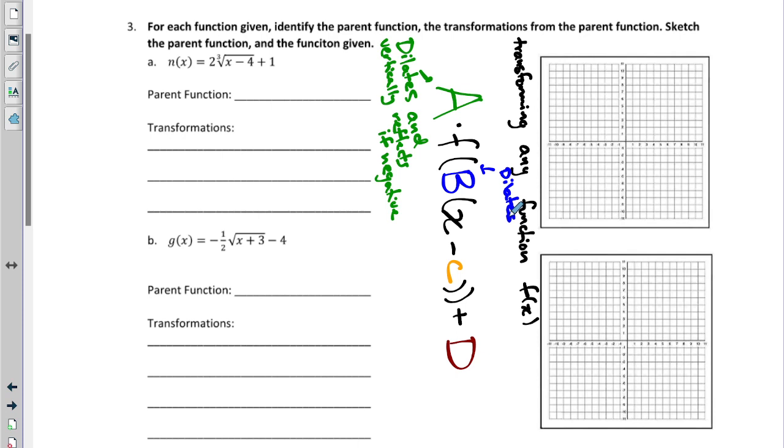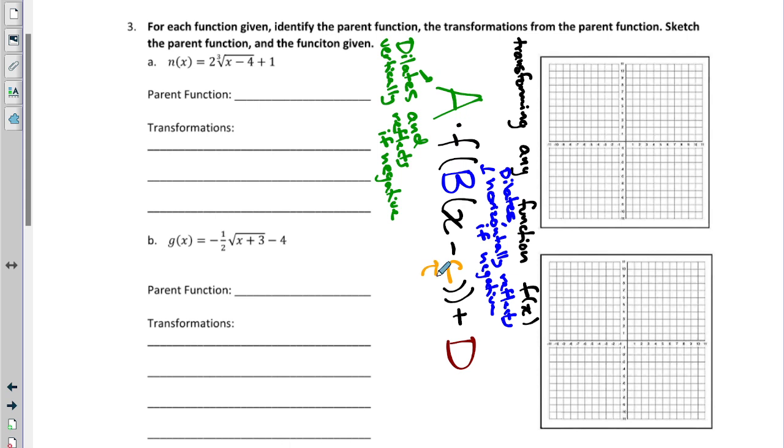The important thing you really need to know, at least for the scope of this class right now, and you'll get more into it in pre-calc, is that B kind of does the same thing as A, except it horizontally reflects if it's negative. So it dilates things still, makes things grow faster or smaller, and then if it's negative, it's going to flip it left to right or right to left.